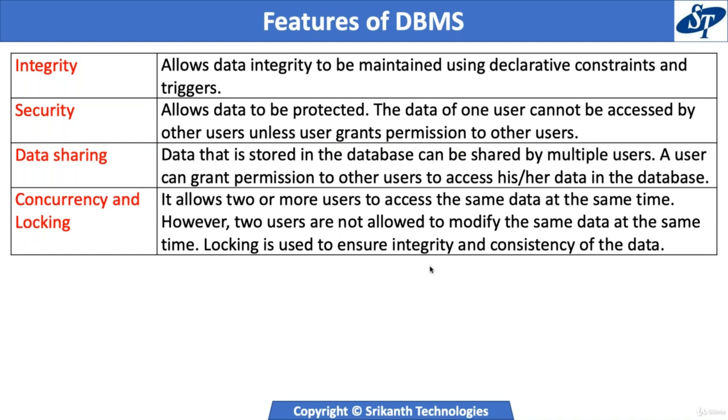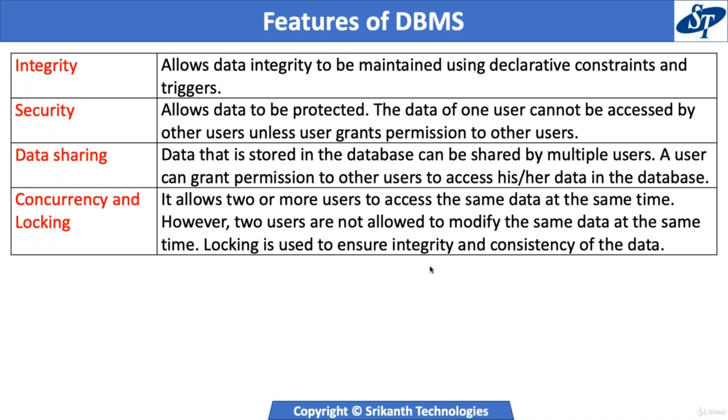It also supports security, so it's ensuring that data is not accessed by unauthorized users. But at the same time, it allows users to share data with other users at their own discretion. So if A wants to share his data with others, he can grant permissions called privileges to others so that others can access A's data.